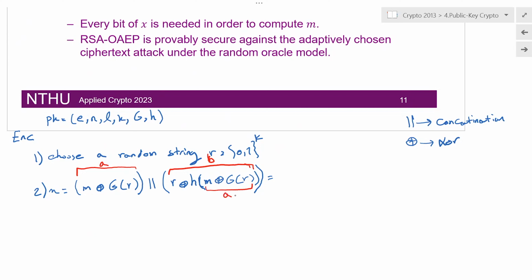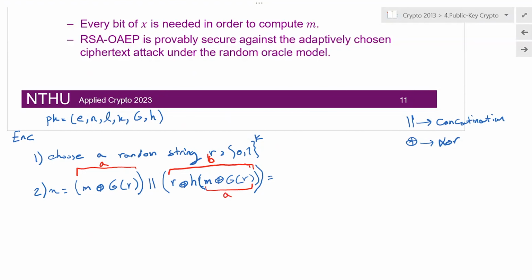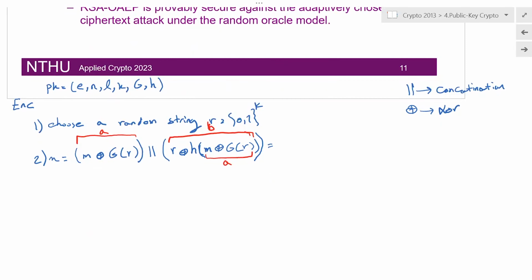So inside here is again A, just a different representation. So after I do this padding, what I get is A XORed with R, concatenated with R XOR with hash of A. I can write it this way, and we call this whole thing B.